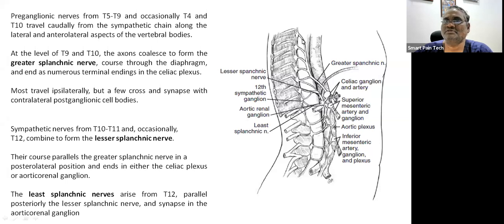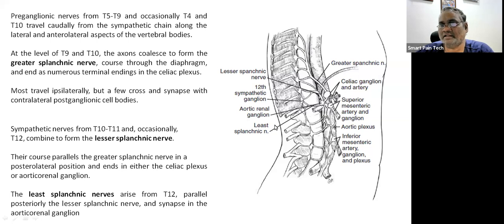So they give these preganglionic nerve fibers, and from T5 to T9 they coalesce to form the greater splanchnic nerve; T10 to T11 form the lesser splanchnic nerve; and T12 is the least splanchnic nerve.